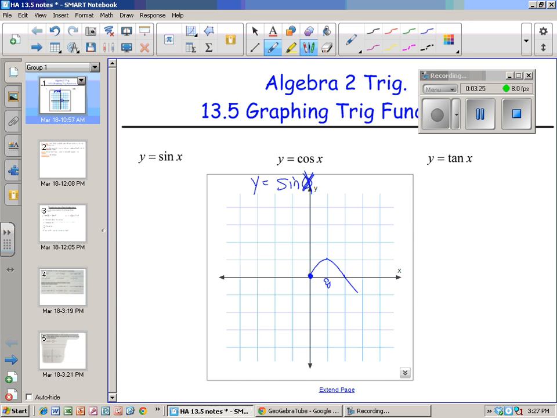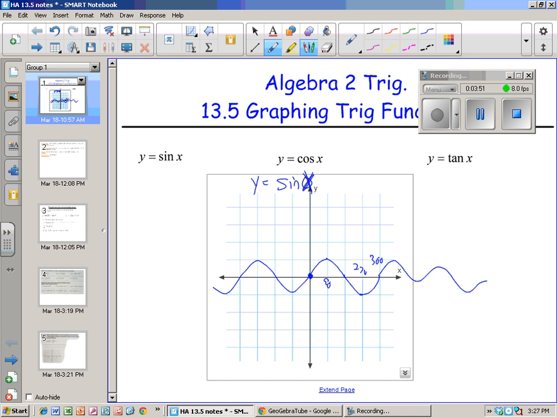It goes down to negative 1 at 270, back up to 0 at 360 degrees. Now, if you kept on rotating around the circle, this graph is just going to keep on going back and forth. If you rotate negative, it's going to keep on doing the same exact thing. This is what the sine function looks like if you don't have any restrictions.